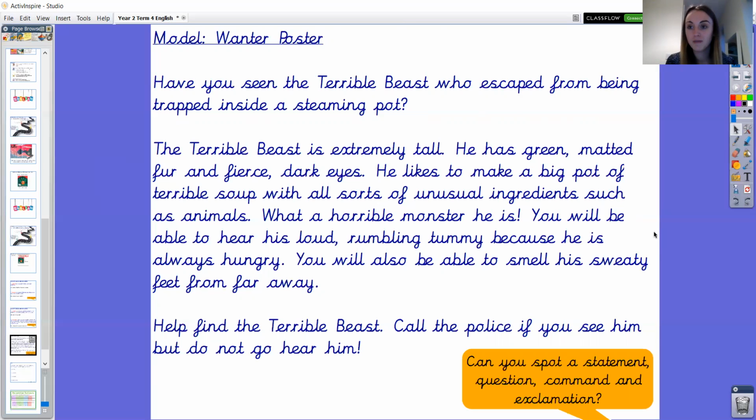A command, so telling the reader to do something, and it will begin with a verb, so an action word, like when we're writing instructions. And an exclamation. Of course, you will see an exclamation mark at the end, but I want you to have a think about what is the subject and what is the verb in that exclamation sentence. Okay, so please pause the video here to spot those features in our model.